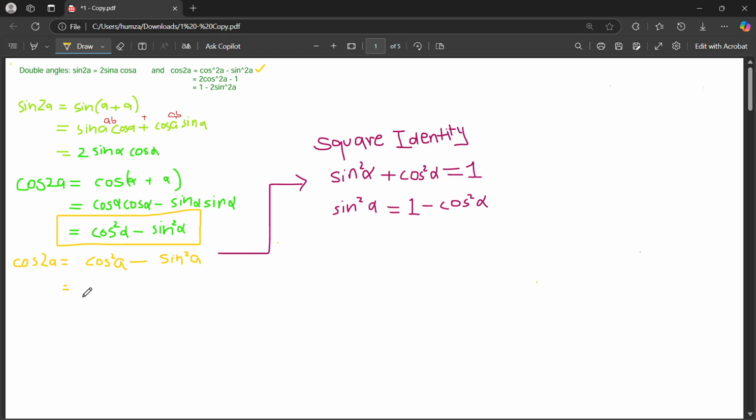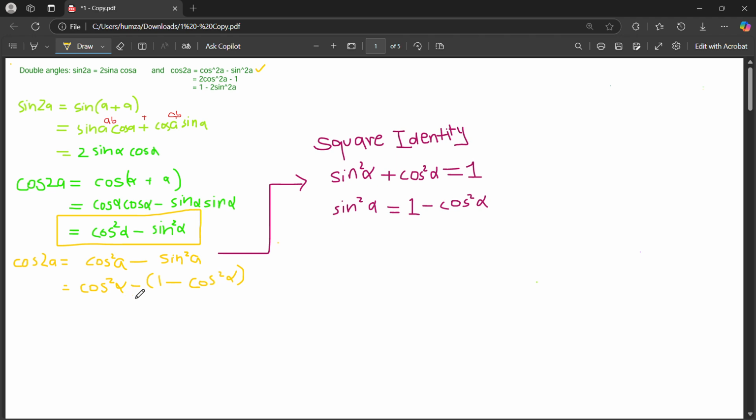So now cos squared alpha will become your minus 1 minus cos squared alpha, and then brackets close.